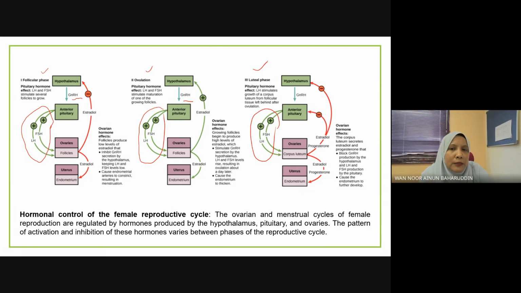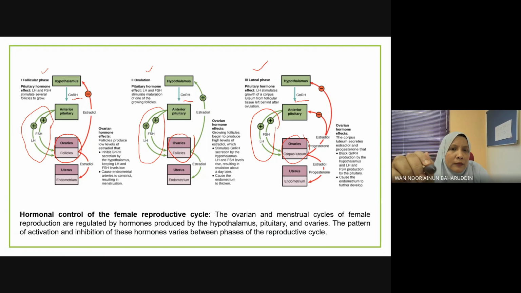Okay, it's all the same. And this gonadotrophin releasing hormone will activate the anterior pituitary to release FSH and LH. And the targets are also the same, the ovaries, for all three phases. Okay, you see here.